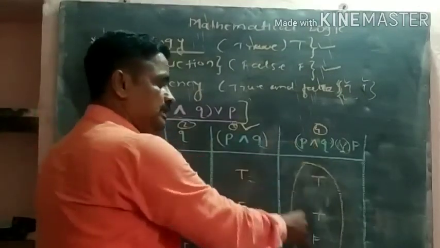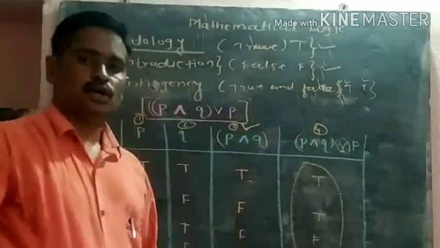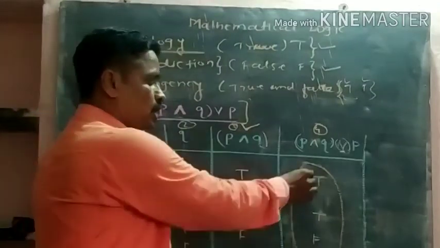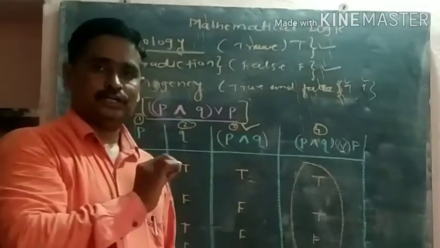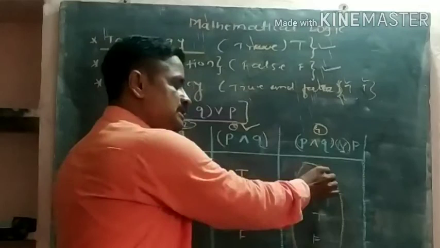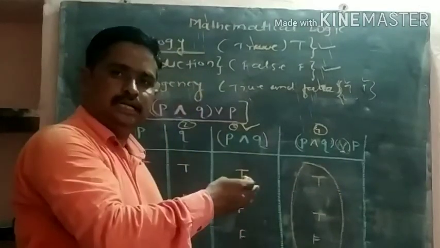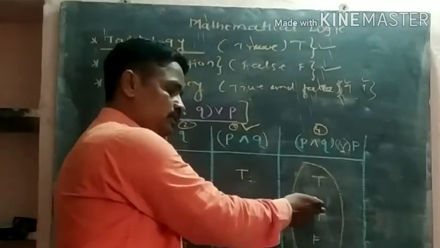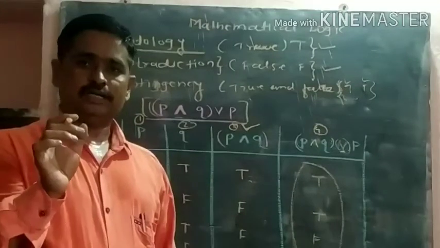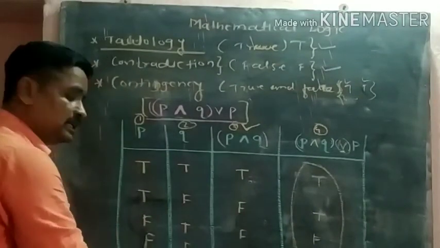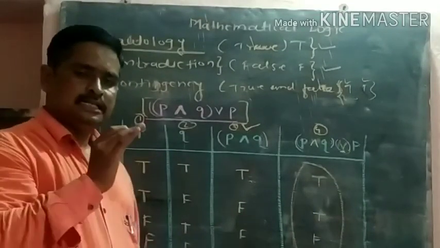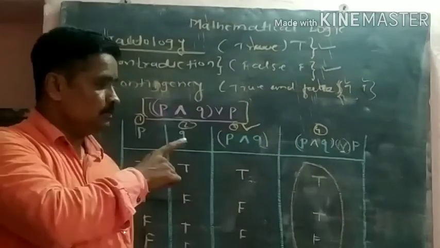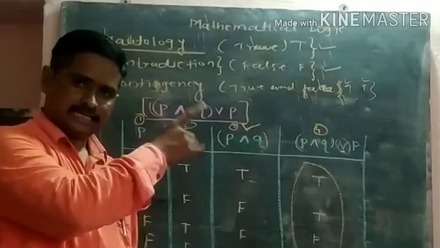So in this case, observe column number 4. Column number 4 is neither a tautology, that means all the entries are not T, nor a contradiction, all the entries are not F, therefore it is a contingency. So always write the conclusion from the respective column, that means the last column.